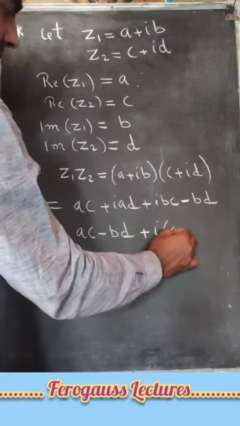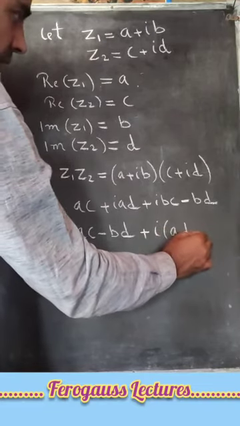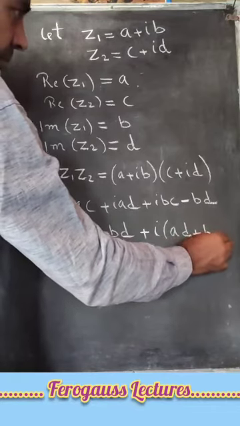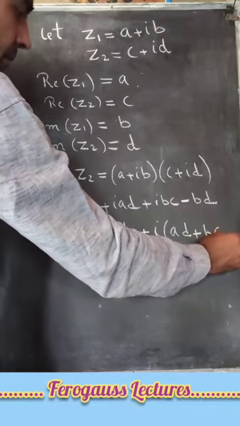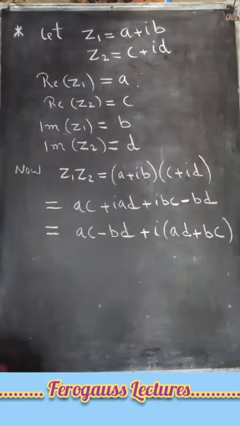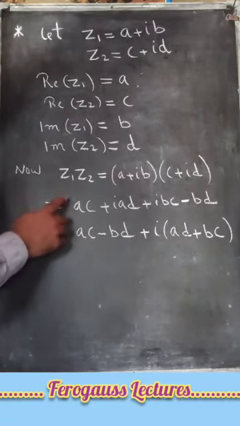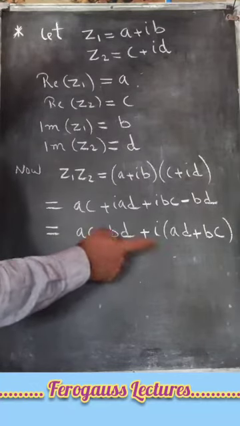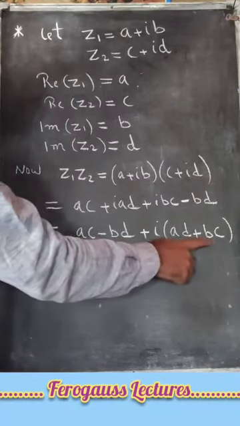We have AD plus BC. Okay. Now, the real part of Z1 Z2 is AC minus BD, and the imaginary part is AD plus BC.